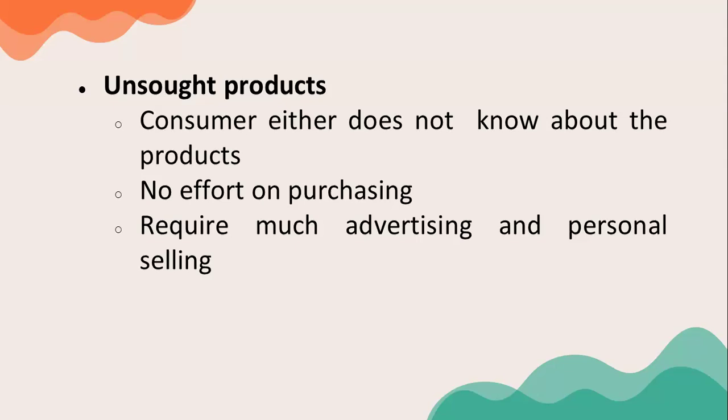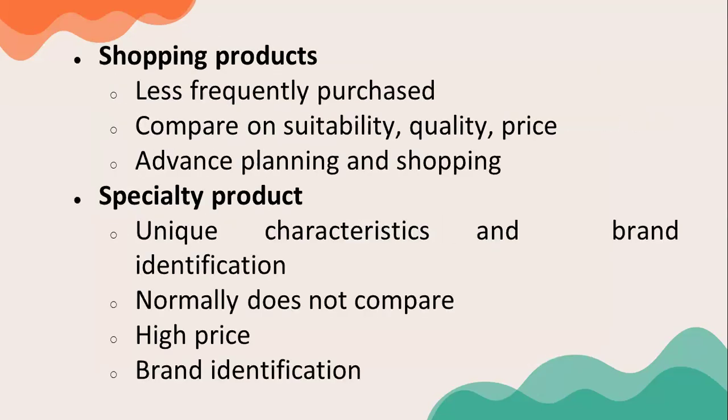How do you decide pricing? Based on your brand identity. Now you know where your product is; it's kind of a specialty product. Based on that, you can decide your pricing, placing, and promotion. That's why you need to learn these product classifications.